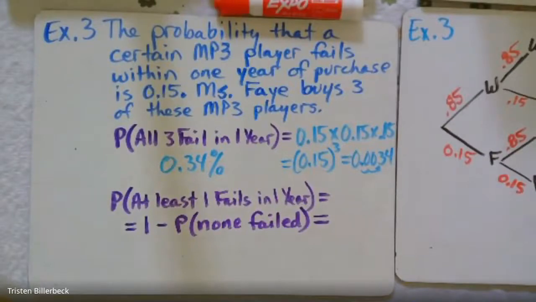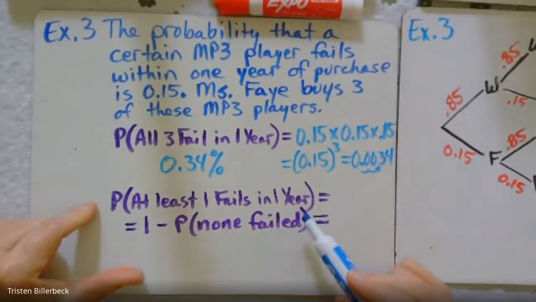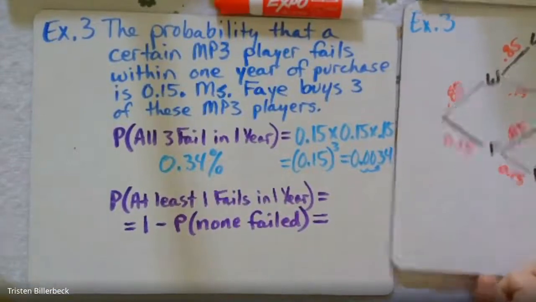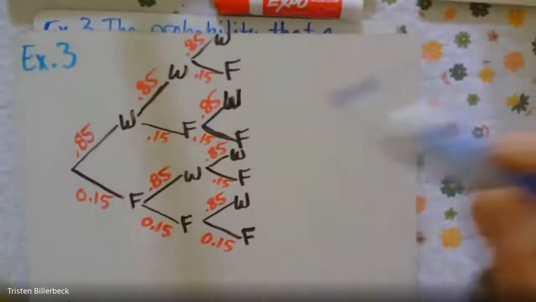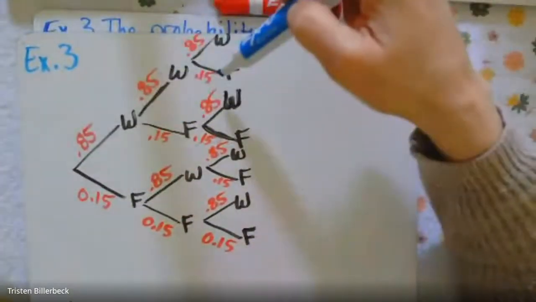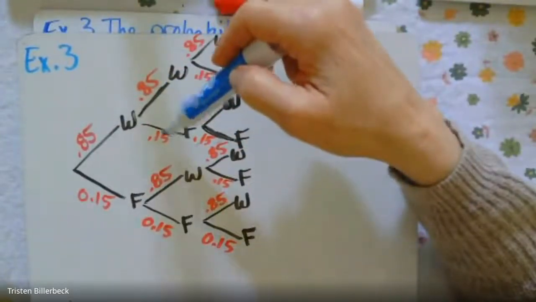So then we look at the probability that at least one fails in 1 year. Well, that's going to be hard. I mean, look at this. We have to go down all these paths. So these are nothing fails. Oh, there's a failure right there. Ooh, we have a failure there, so that's out.